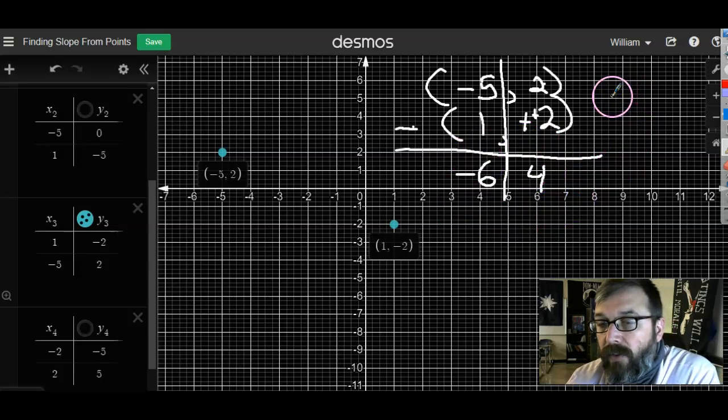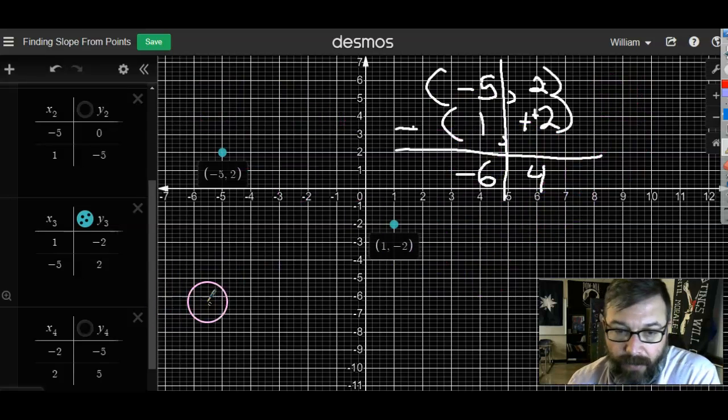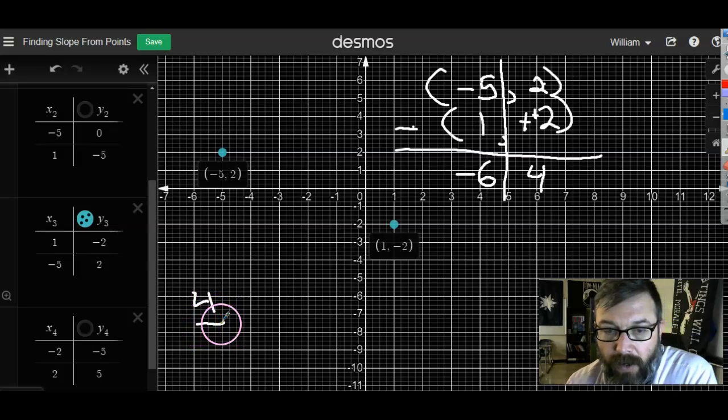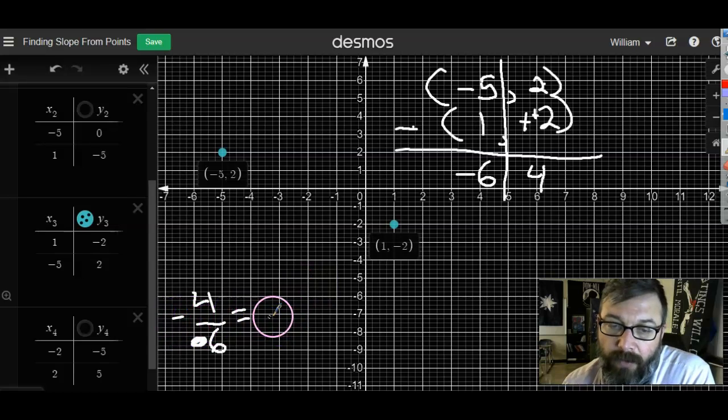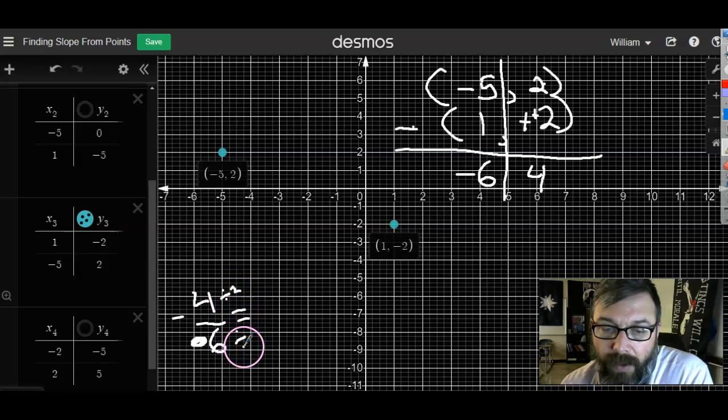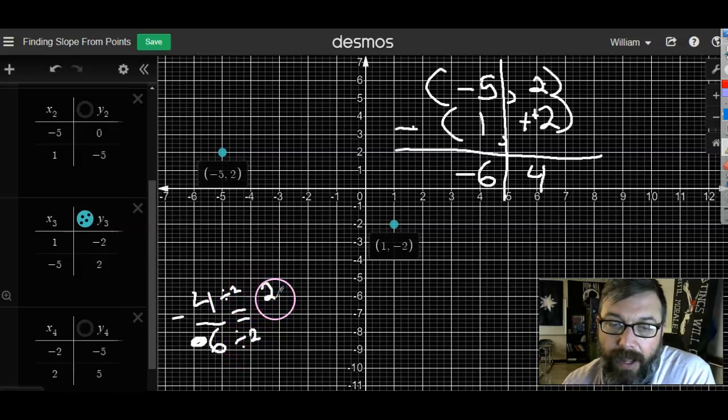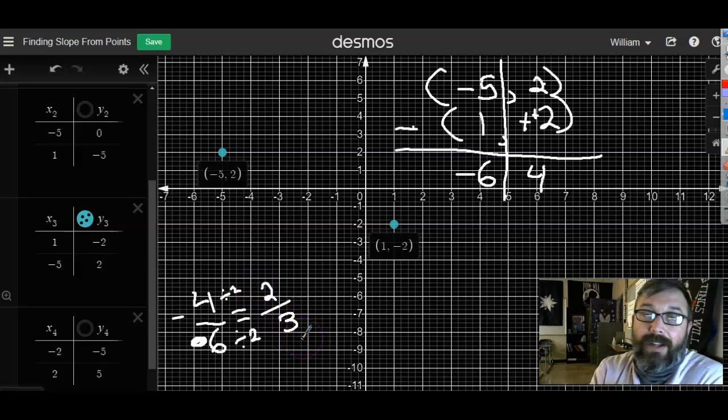So this is going to be 4 over a -6. I want to pull that negative out and put it up here because I proved those are the same. And now I can reduce. I can divide top and bottom by 2, and I get 2 over 3, 2/3.